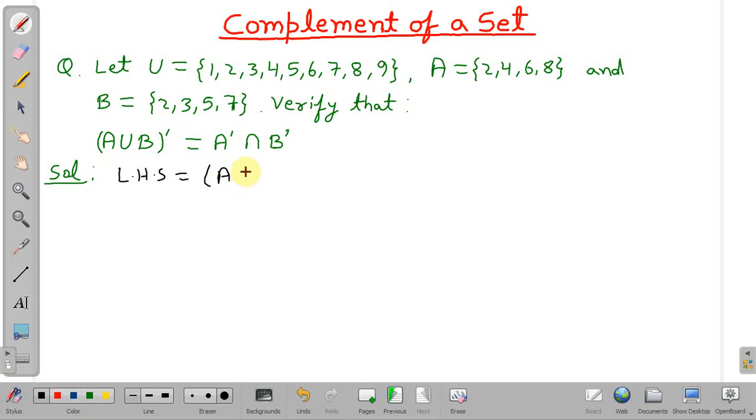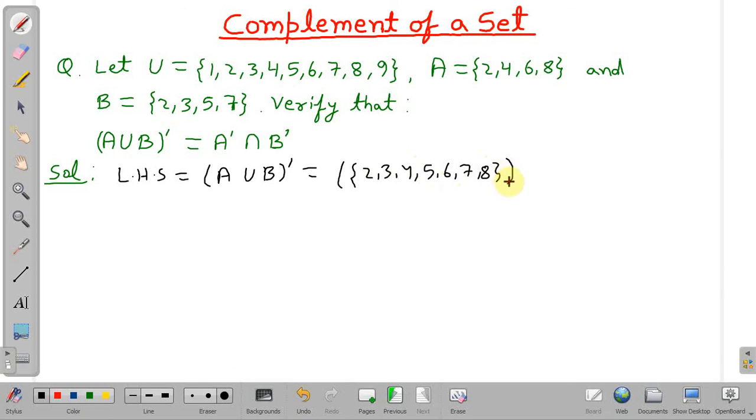So we will start from the LHS. LHS equals (A union B) complement. So for A union B, A is 2, 4, 6, 8, that is the even numbers up to 9, starting from 1. And B is 2, 3, 5, 7. So we will get the union as 2, 3, 4, 5, 6, 7, and 8.